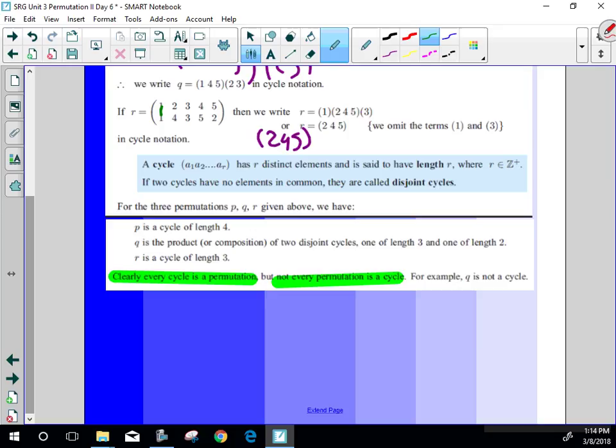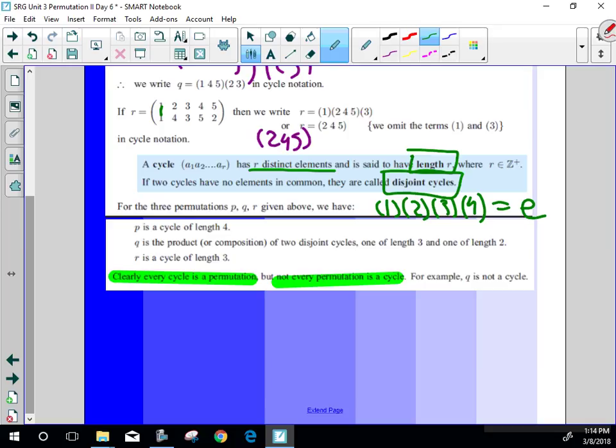All right, so a cycle has R elements and has length R, but there can be as many disjoint cycles as there are. There could be no disjoint cycles, there could be a whole bunch of them. They could all be disjoint cycles. If they're all disjoint cycles, what do you think we call that? That's the E, the identity.